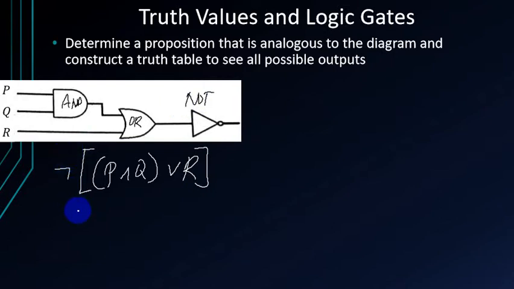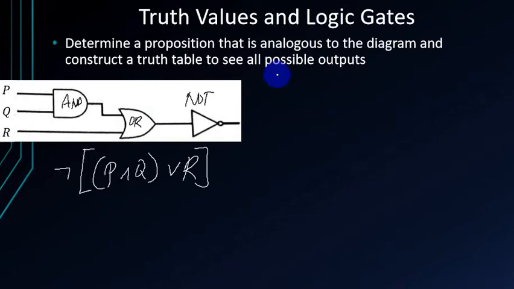So we can see that one possible proposition analogous to this circuit would be not (P and Q) or R. Now let's construct a truth table for this proposition so that we can see the possible outputs of this circuit.